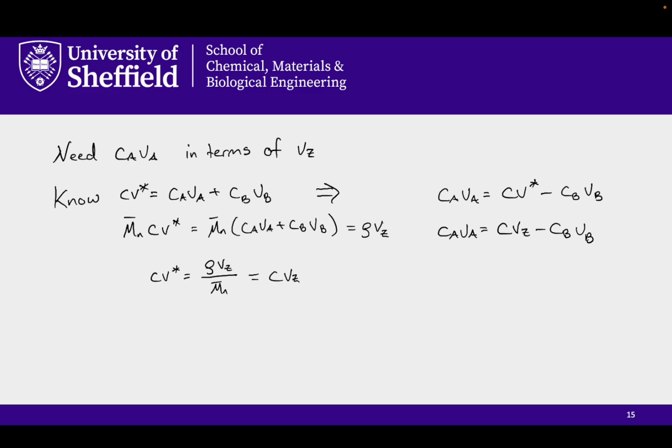If we plug that into our definition on the right-hand side, we have to make the assumption that the velocity of B species, which is water, is roughly the same as the velocity of the total system, because the contribution from oxygen is going to be very, very small because there's not much oxygen in the water. So it's a good approximation.